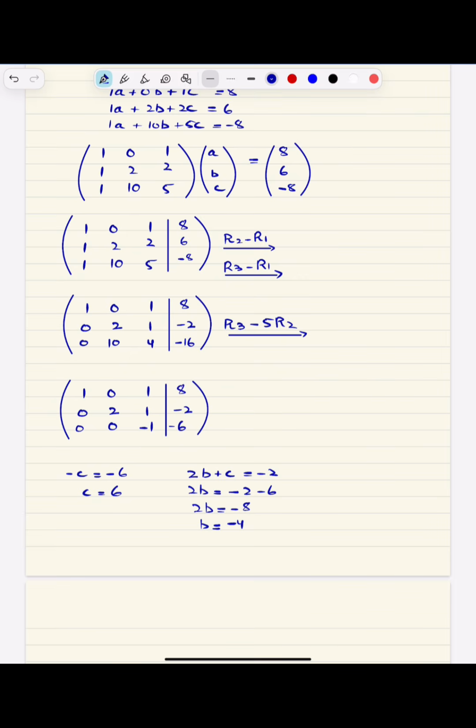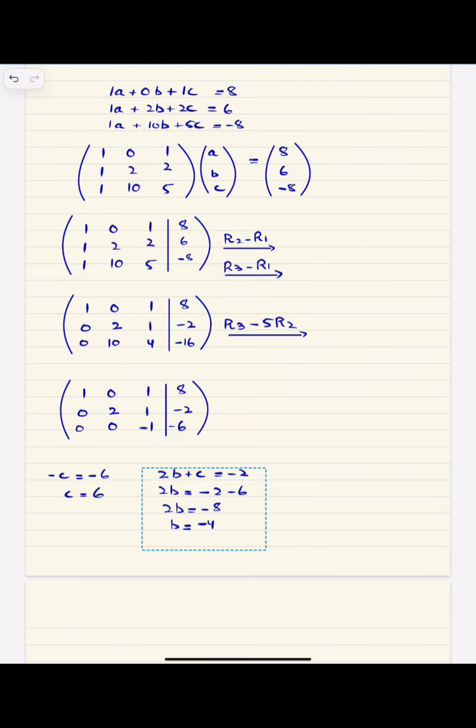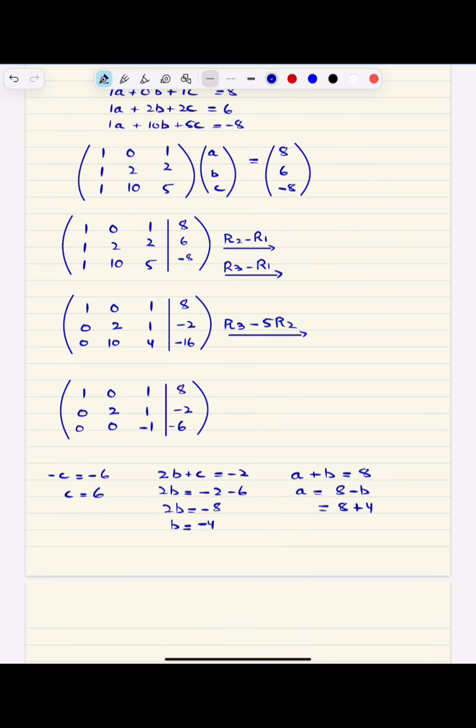And the last equation, which is basically the first row, tells us that a plus c equals 8. So a equals 8 minus c.